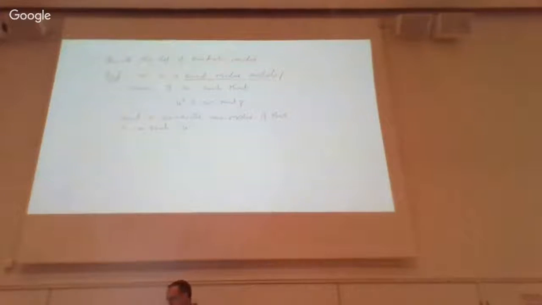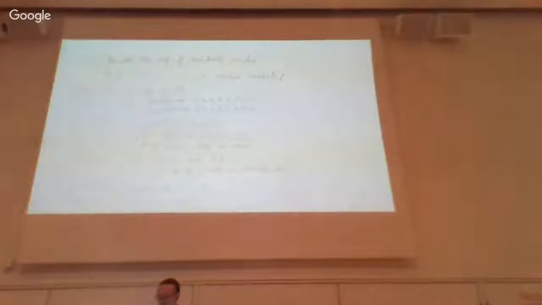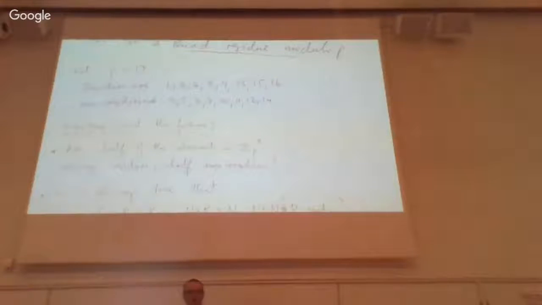Okay, we looked at a number of examples. Don't take this down, but these are just from my notes. Just to remind you, we looked at a number of smallish primes. We just squared everything in sight in order to encounter what the quadratic residues are and what the non-residues are.